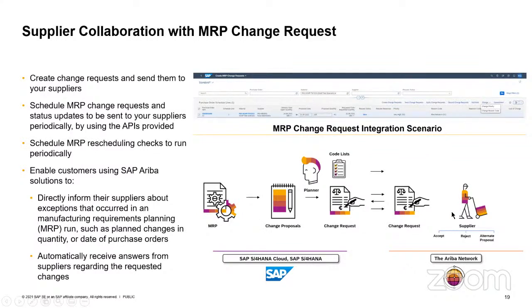Here you can have this kind of exchange of information and the approval or rejection. You can see at the right hand side here, when you run MRP, it creates some proposals and prompts the planner to create a change request. The planner creates the change request, and it is shared across to the Ariba network to be communicated to the supplier.